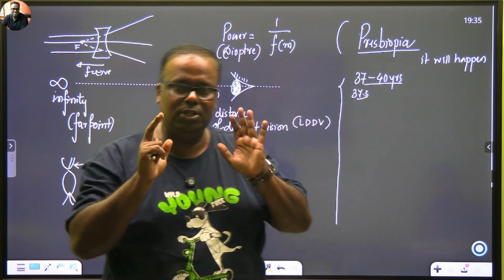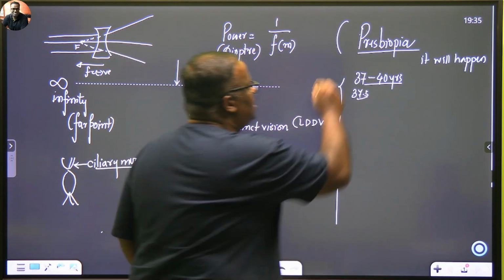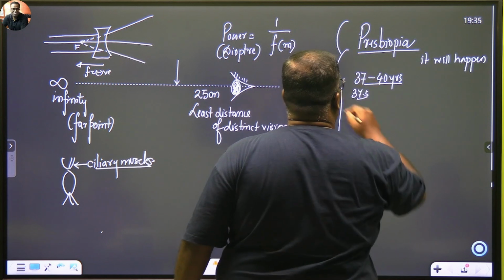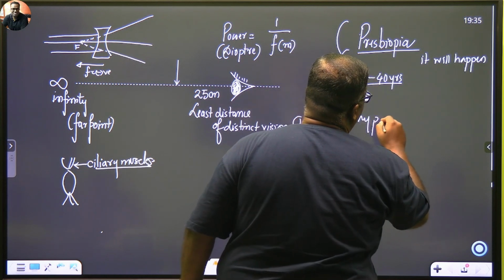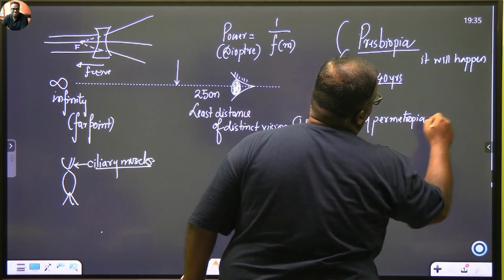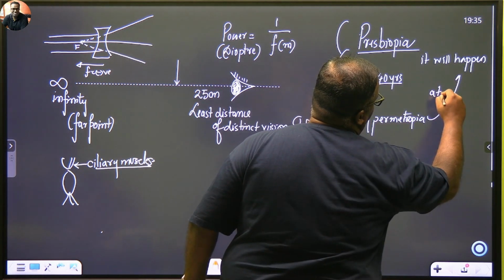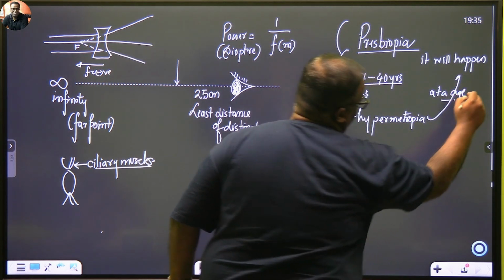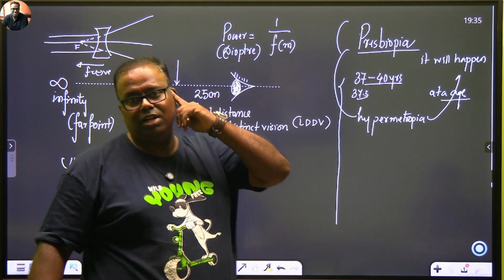So this will happen to all. Presbyopia is similar to hypermetropia, same symptoms, hypermetropia at an age. That's when you're first given glasses.